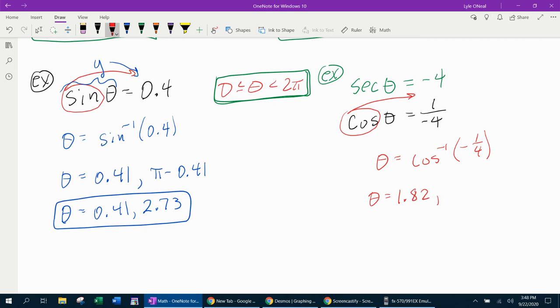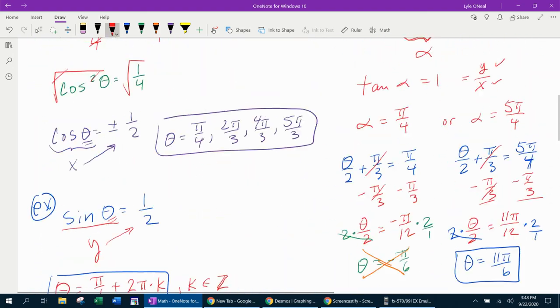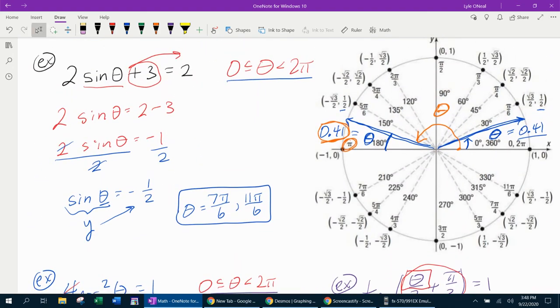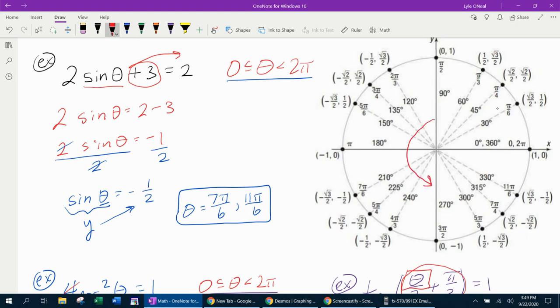1.82. Now there is going to be another solution to this problem, okay? And here's how I know that. Because in the unit circle, I know that there are two quadrants that produce negative x coordinates. And so if we scroll back up to our unit circle, the quadrants that produce negative x coordinates, quadrants 2 and 3.